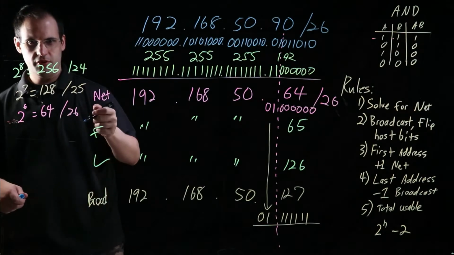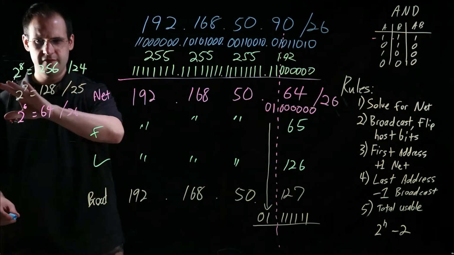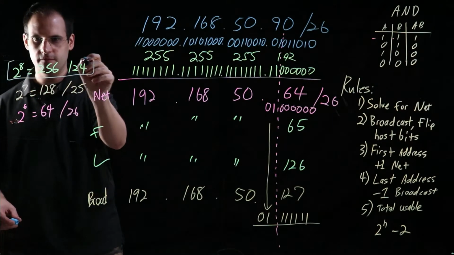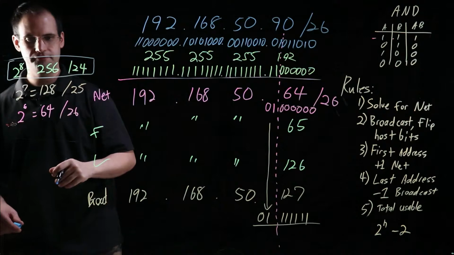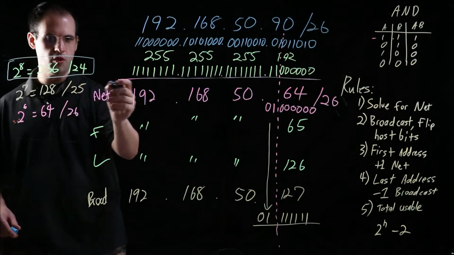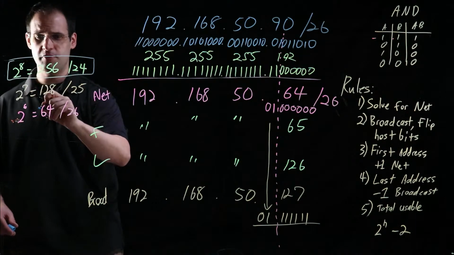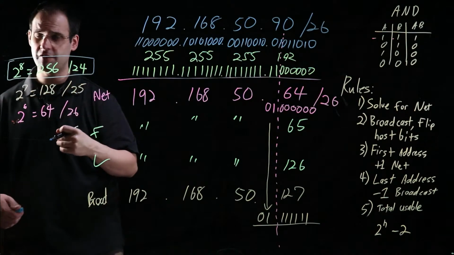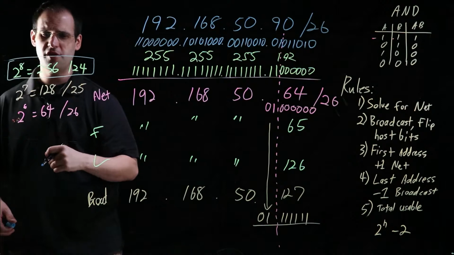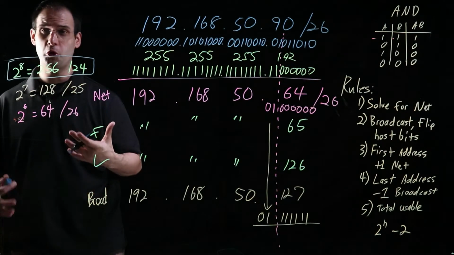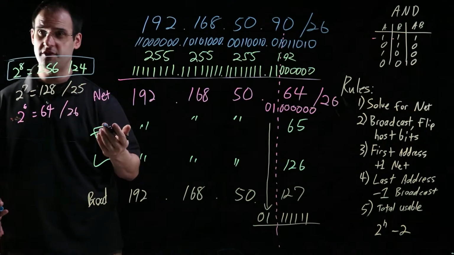Okay, /24. This was our base value. This is where we start. And then we said, let's move one bit over. Let's take a bit away from the hosts, my 8 host bits, and give it to the network. So we now have 7 host bits and a /25. That gave us 128 total hosts, or 126 usable.